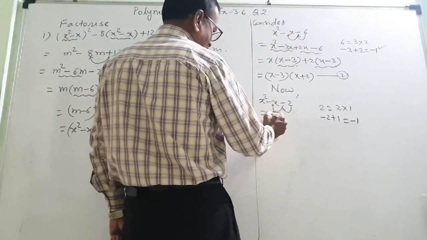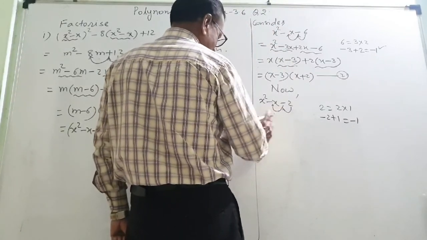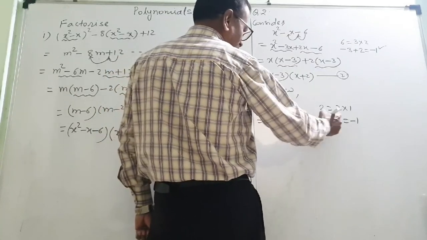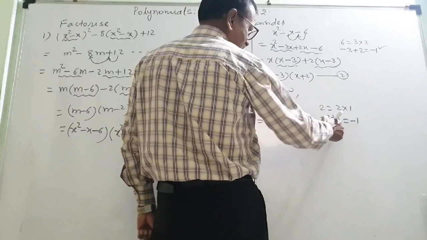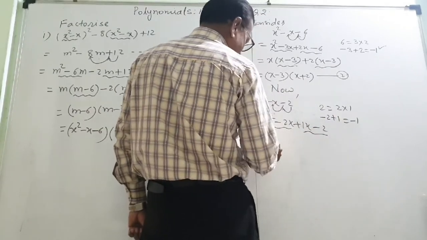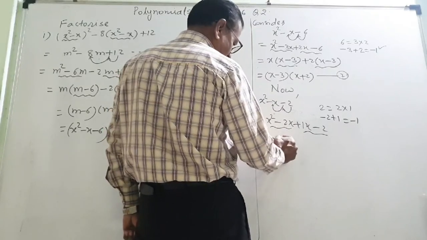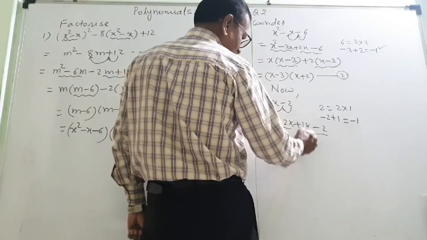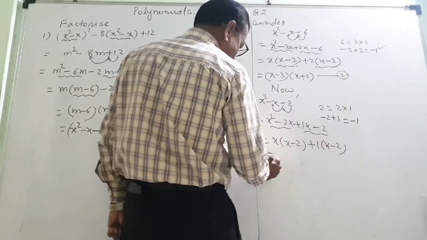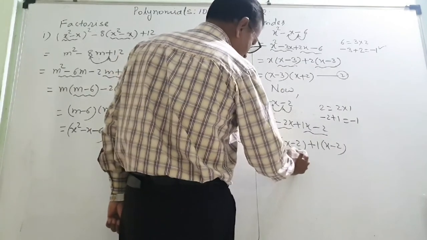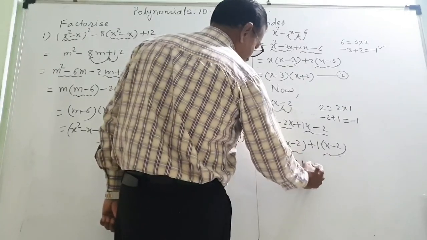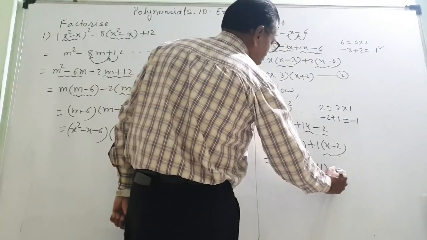So this will be x square minus 2x plus 1x minus 2. Make the two groups. That is equal to x into x minus 2 plus 1 into x minus 2. Again x minus 2 is common, x minus 2 into another bracket x plus 1. This is your number 3.